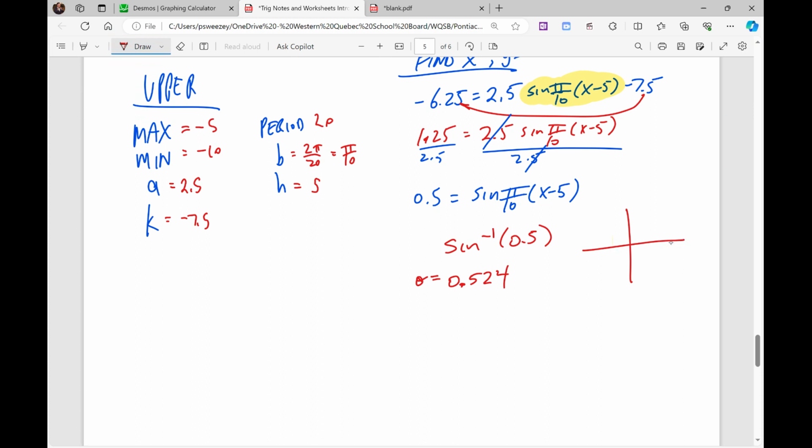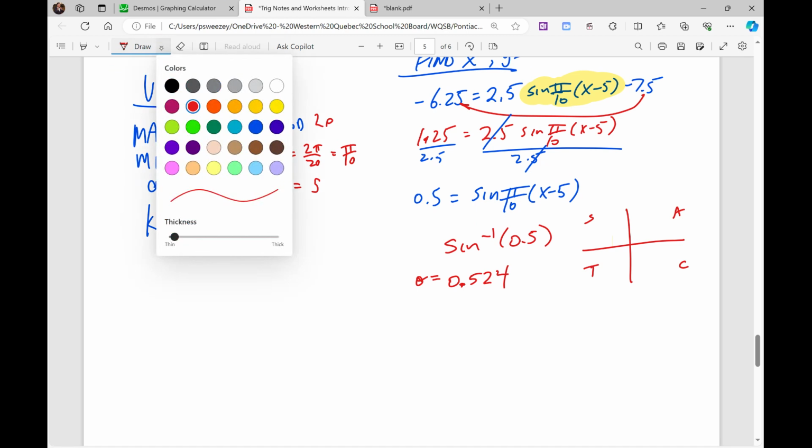We can now look to our mini sort of unit circle, the CAST circle, and identify, well, what quadrants would a positive 0.524 exist in for a sine function?